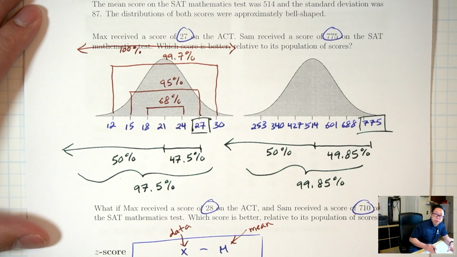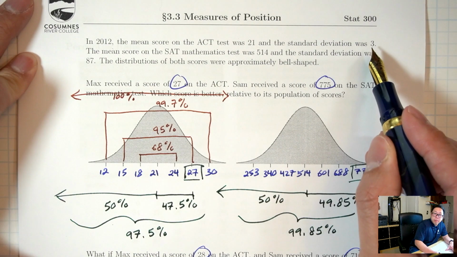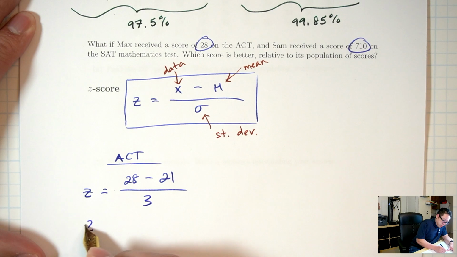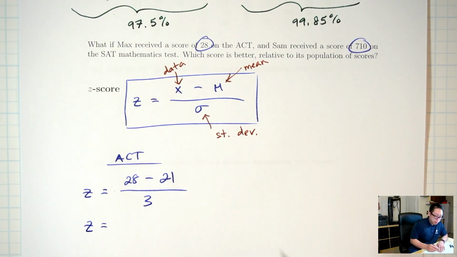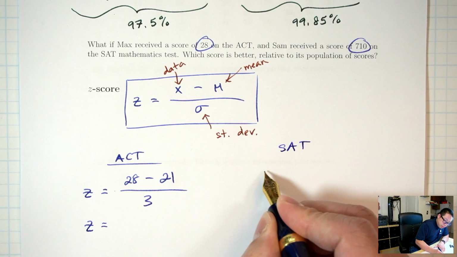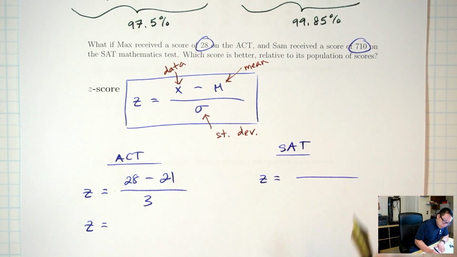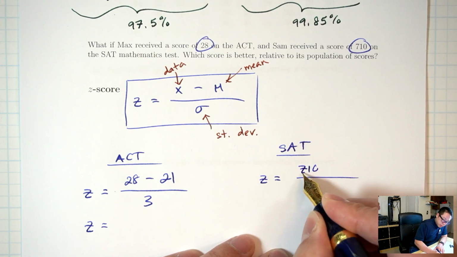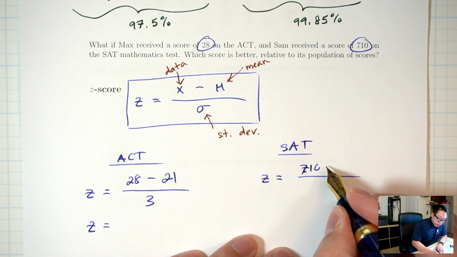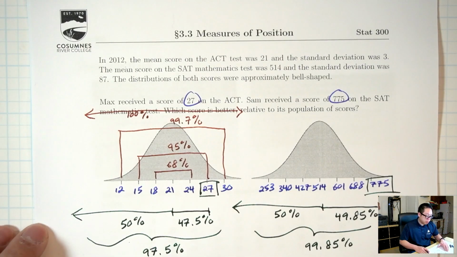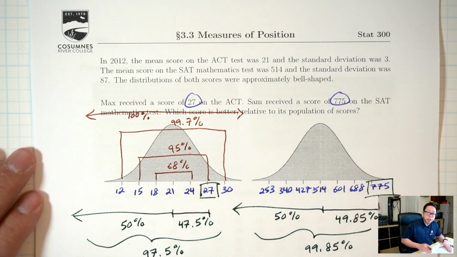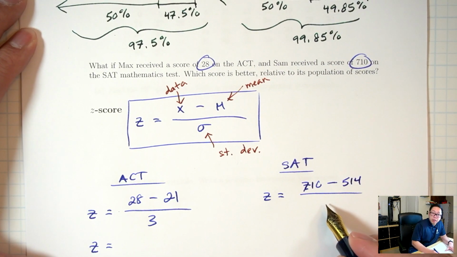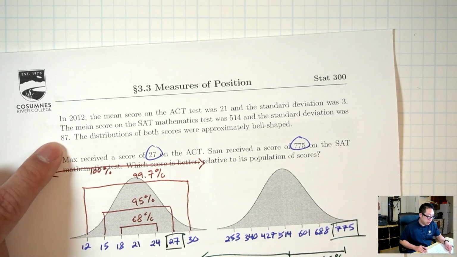Standard deviation is 3. Okay, so we'll calculate that a little bit later. And then for the SAT, 710 is our data for the SAT, minus the mean for the SAT, which was 514. Standard deviation for the SAT was 87.